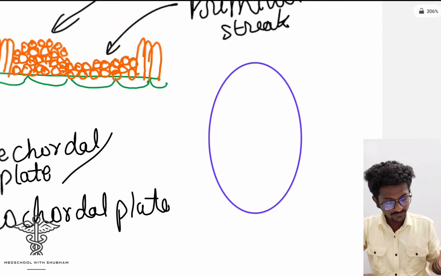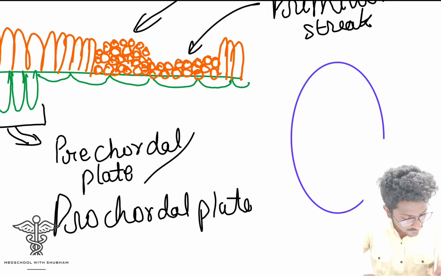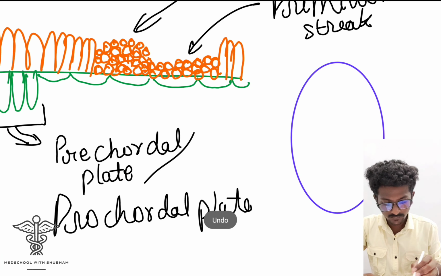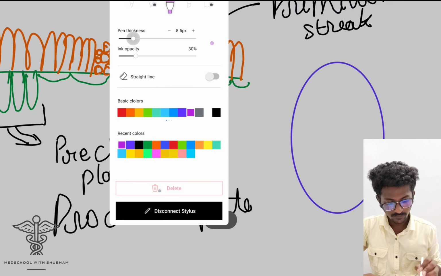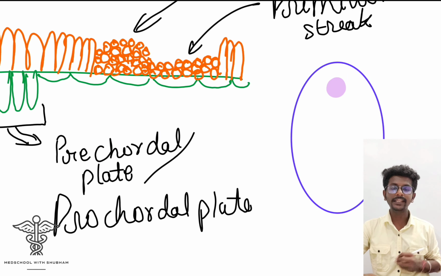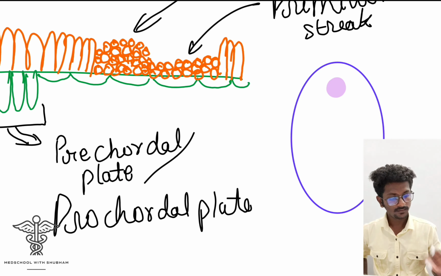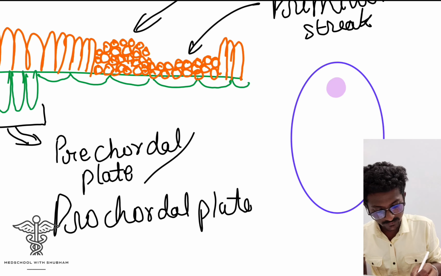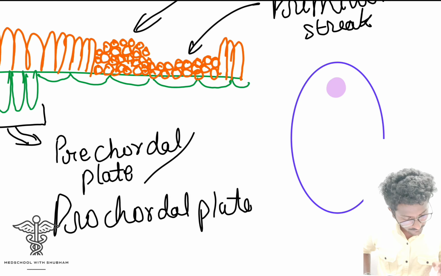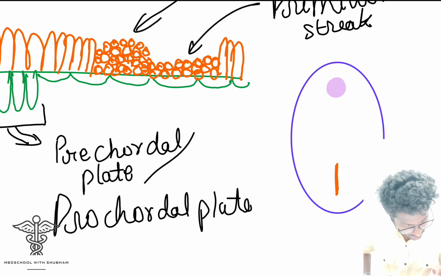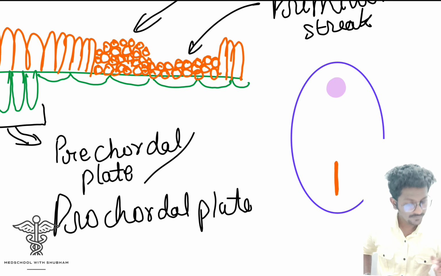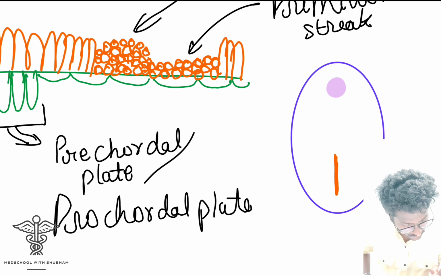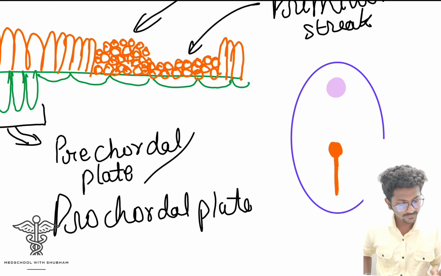Now the first thing that we can see is that towards the cranial end we will have the formation of the procaudal plate or the precaudal plate. Next, towards the caudal end, we will have the formation of the primitive streak in this manner. And then when it reaches the midpoint, it will form the primitive node or Hensen's node.